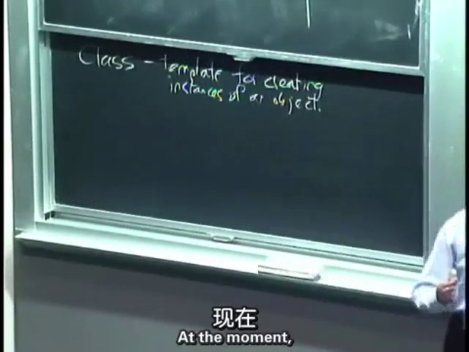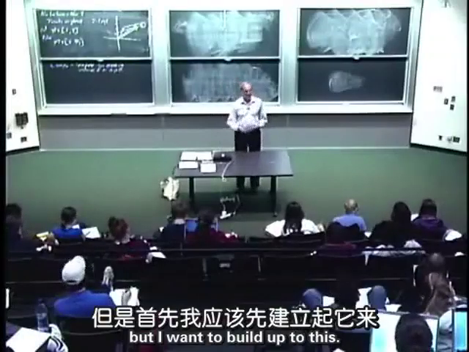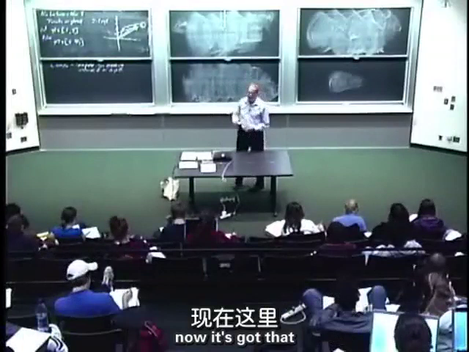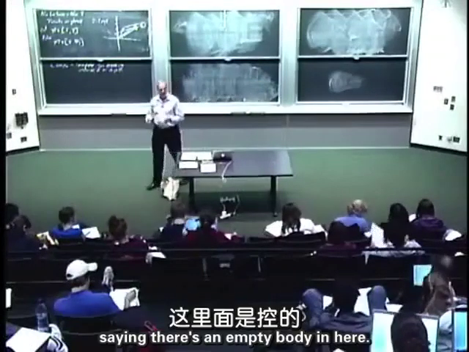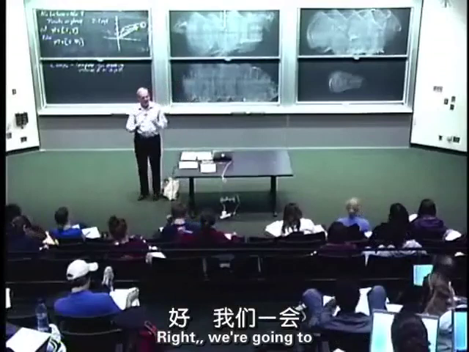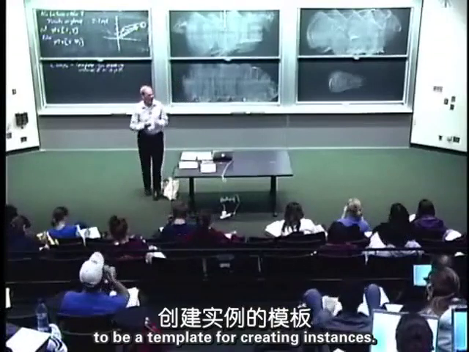At the moment, it's a really dumb template. I'm going to add to it in a second. Right now, it's got that second keyword called pass, which is just Python's way of saying there's an empty body in here. But the idea is that a class is going to be a template for creating instances.